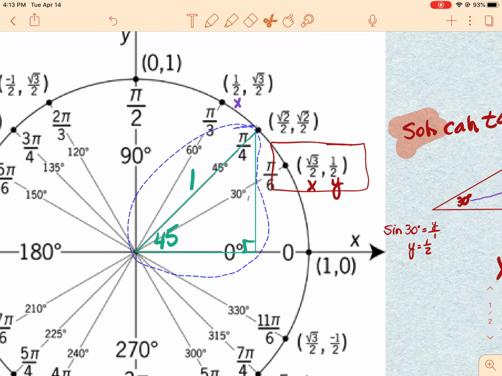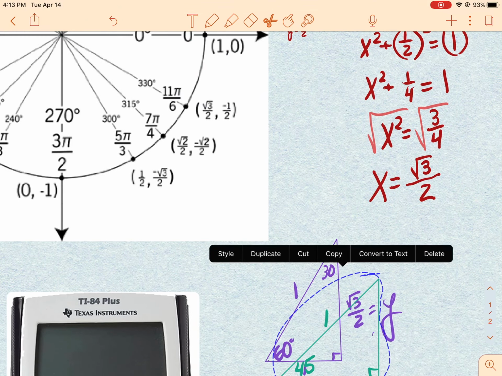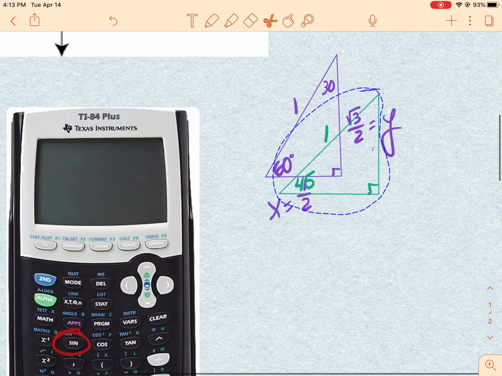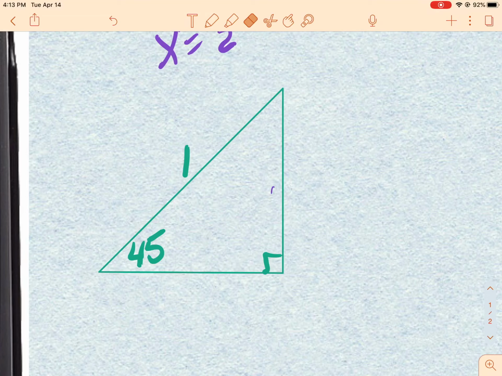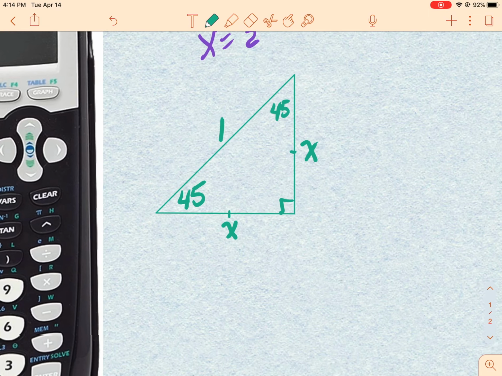So if we take this and work with it somewhere, knowing that all three angles have to add up to be 180, this ends up being a 45-degree angle. Isosceles, those two angles are the same, so that means these two sides have to be the same. Thinking back to geometry, I'm just going to call those x, even though, yes, it's an x and a y, but I know those are exactly the same.